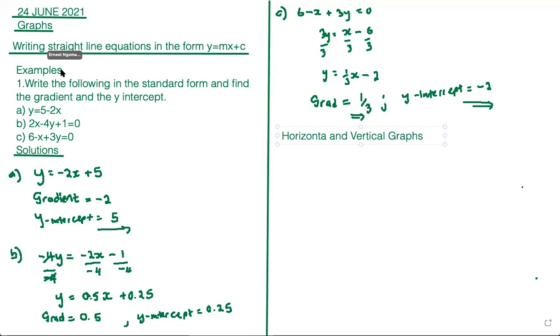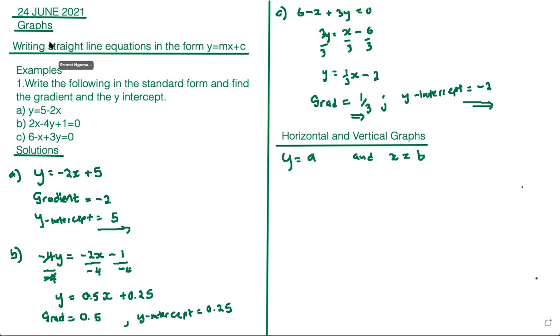These are graphs for which you don't need to come up with a table to draw them. They are usually written as y is equal to a constant number, just say y is equal to a, or maybe it's written as x is equal to b. These are horizontal or vertical graphs.